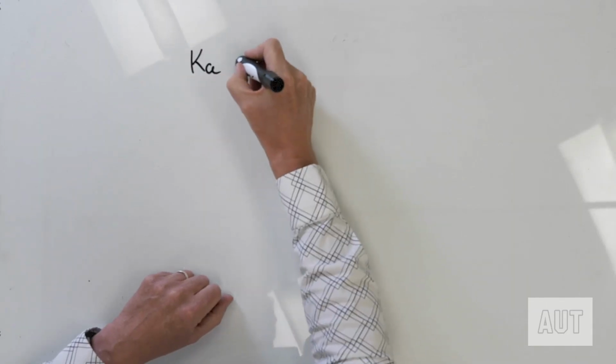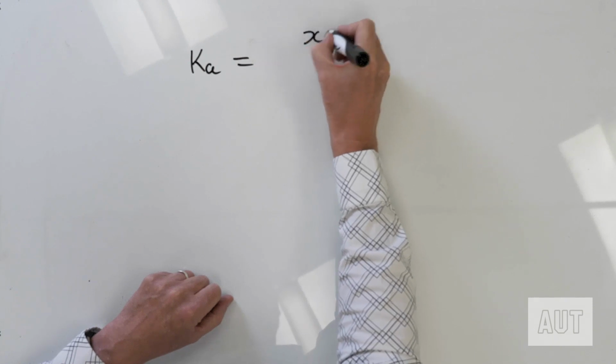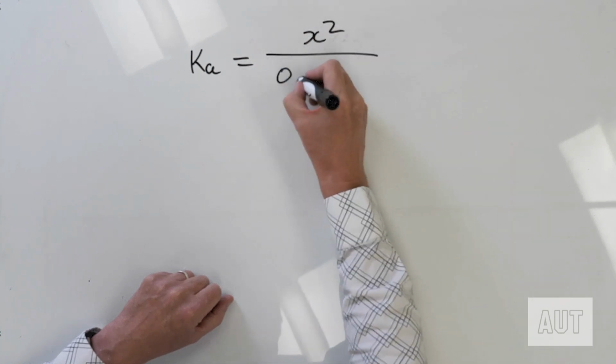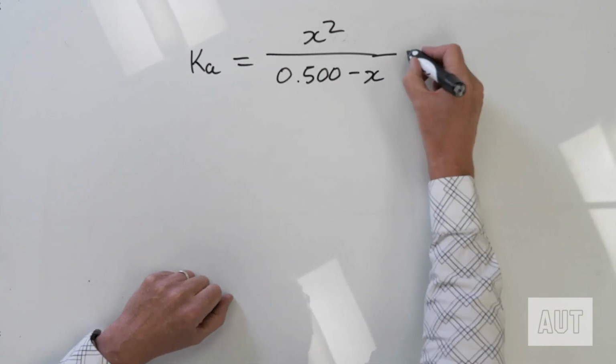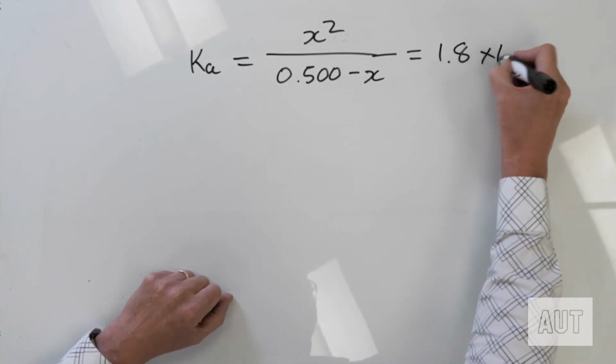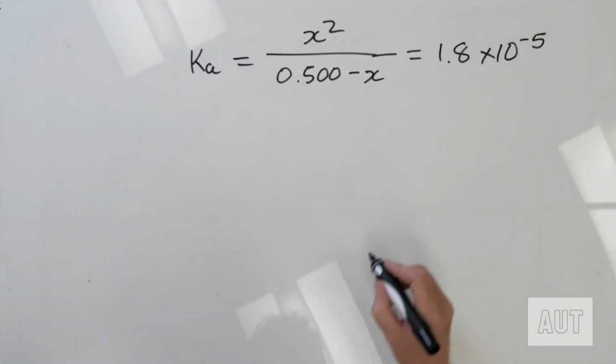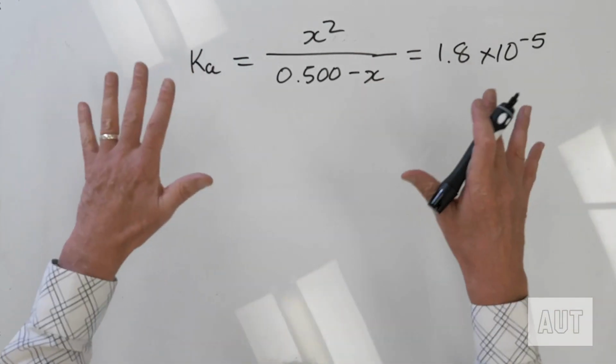We said that the Ka is equal to x squared divided by 0.500 minus x, and we said that that was equal to 1.8 times 10 to the power of minus 5. Then we rearranged that, it became a quadratic, and we solved the quadratic exactly. Now, we can make an approximation and solve it quickly.